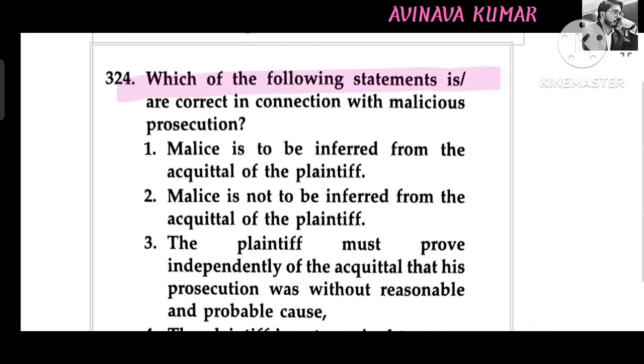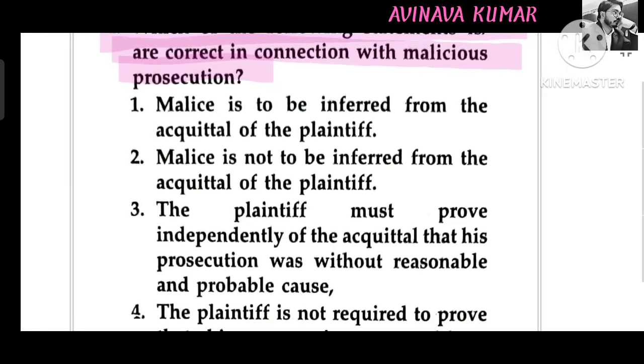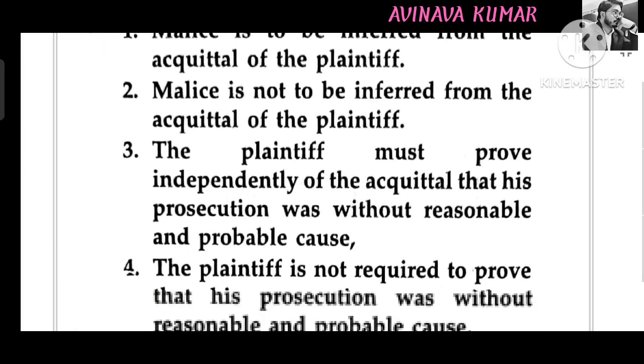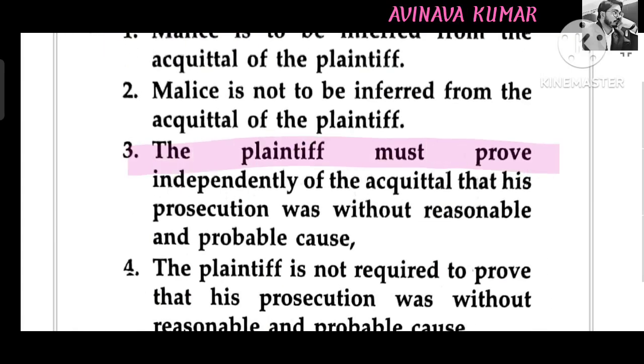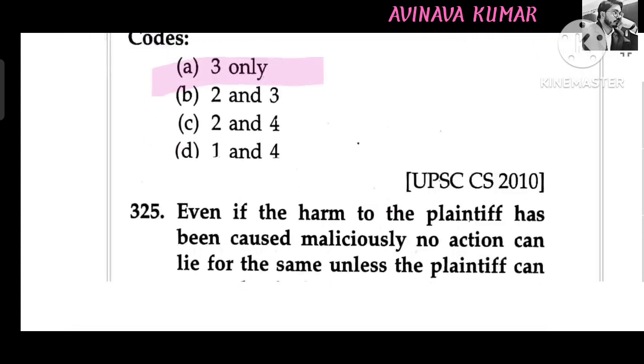Which one of the following statements is correct in connection with malicious prosecution? The plaintiff must prove, independently of his acquittal, that his prosecution was without reasonable and probable cause. Only 3.